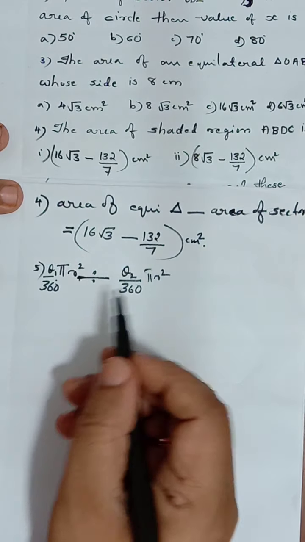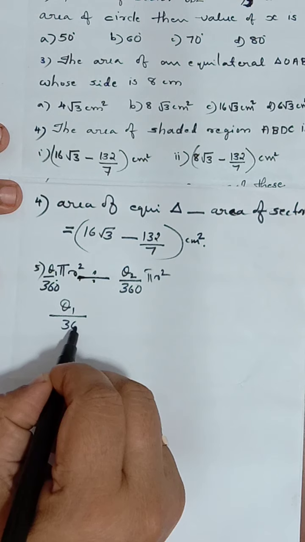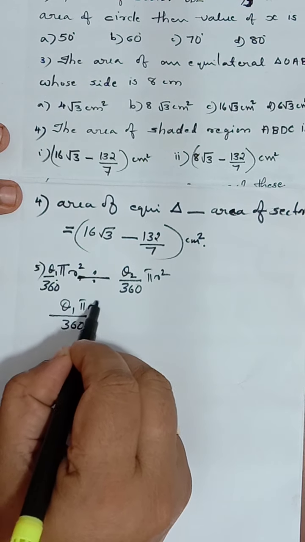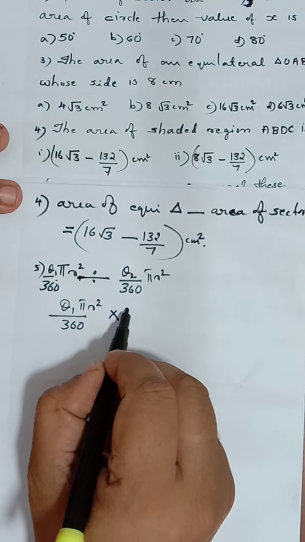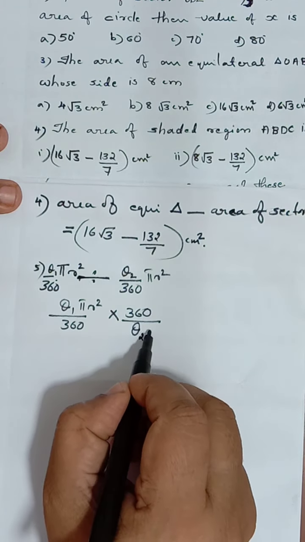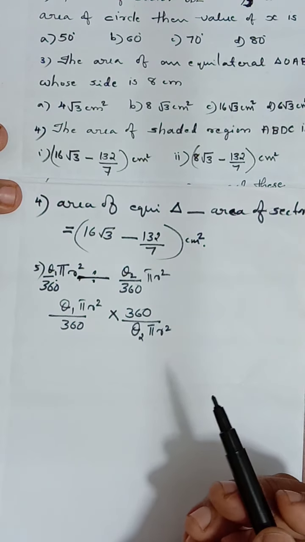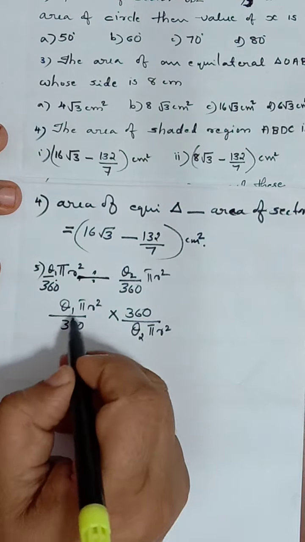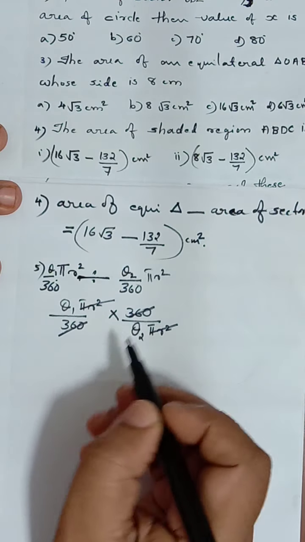So division means multiplication by the reciprocal. Theta 1 by 360 into pi r square multiplied by the reciprocal will be 360 by theta 2 into pi r square. Numerator becomes denominator here. Okay children, so here we have pi r square getting cancelled, 360 getting cancelled.